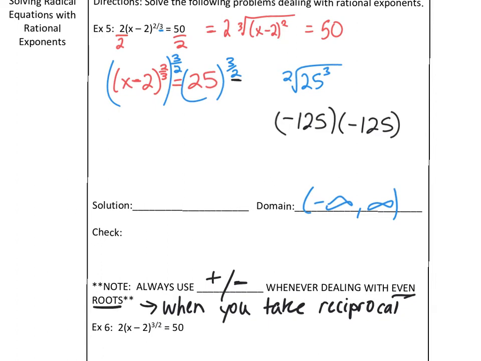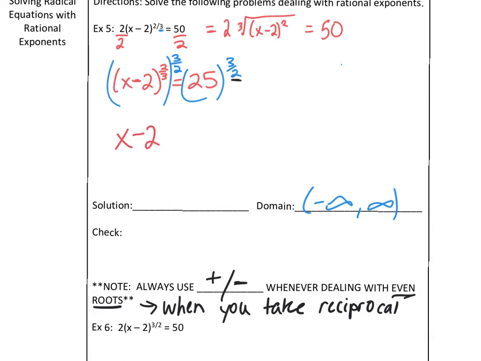And how that works is it's not as difficult as it sounds. Okay? When I take this reciprocal, on the left side, it's still going to cancel out. On the right side, when we typed in that 25 to the 3/2 power, and you can literally just type that in your calculator, so do that. And I even already told you the answer. It was 125. So it's just going to be plus or minus 125.